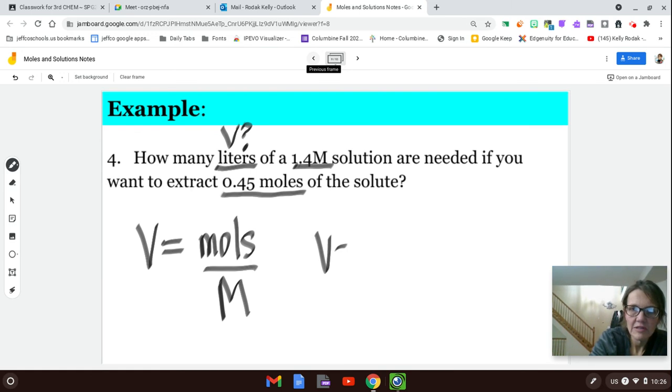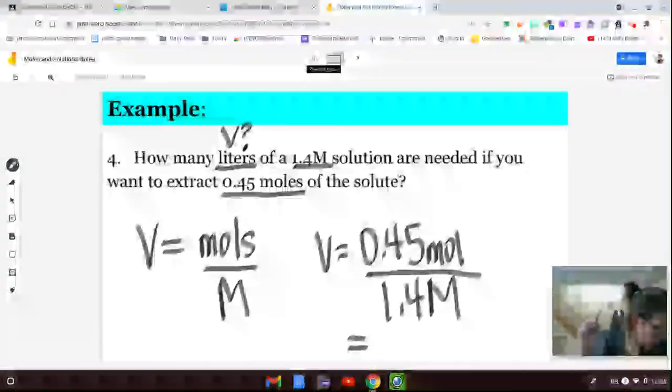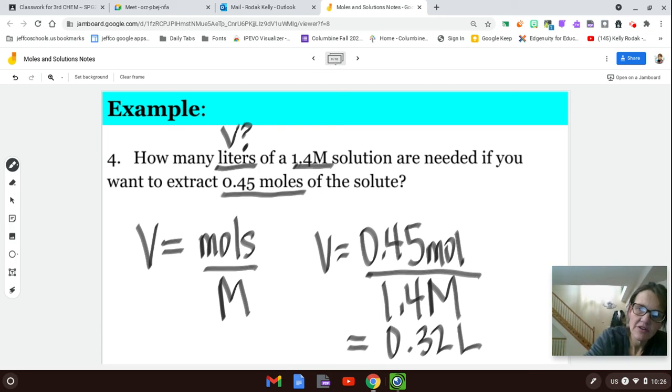Volume is going to be equal to 0.45 moles divided by 1.4 molarity. So you just plug that into your calculator, 0.45 moles divided by 1.4, and we get 0.32 liters. That's our answer.